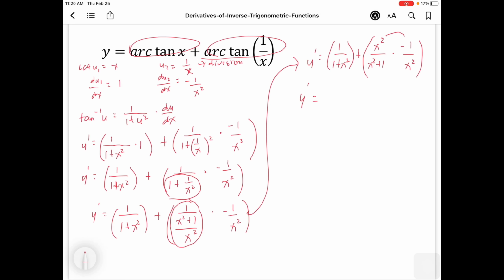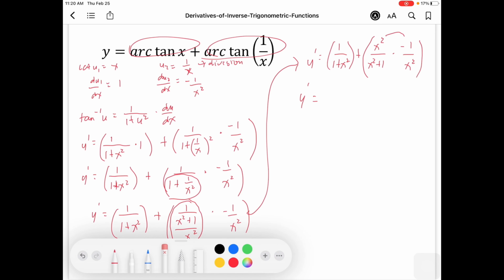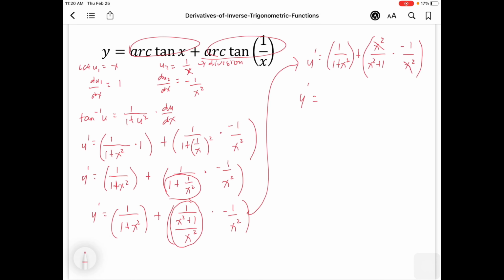So this will be, or kahit hindi natin siya i-multiply, cancel out na lang tayo. So we can cancel this and this. So magkakaroon tayo ng 1 over 1 plus x squared plus, this is negative 1 over x squared plus 1.